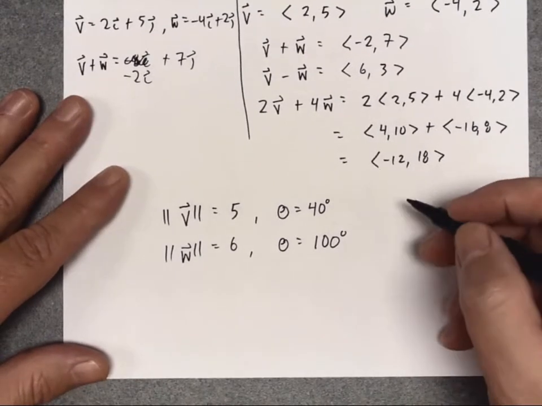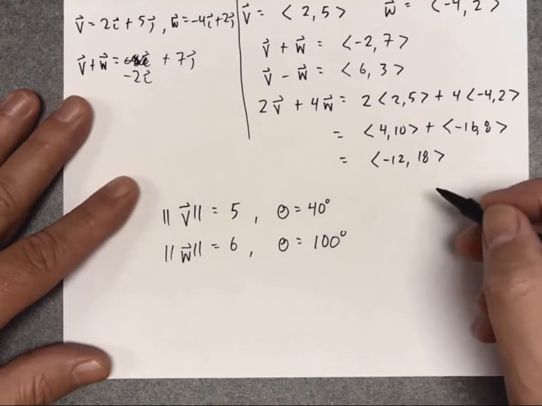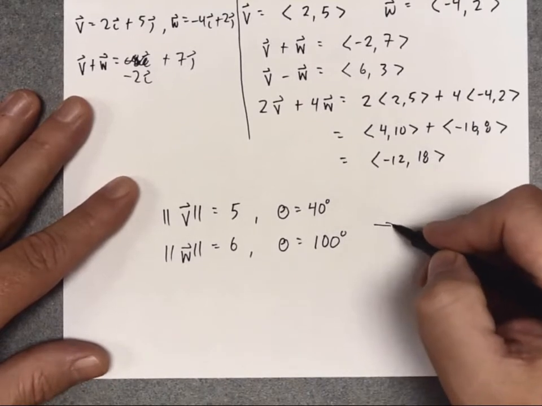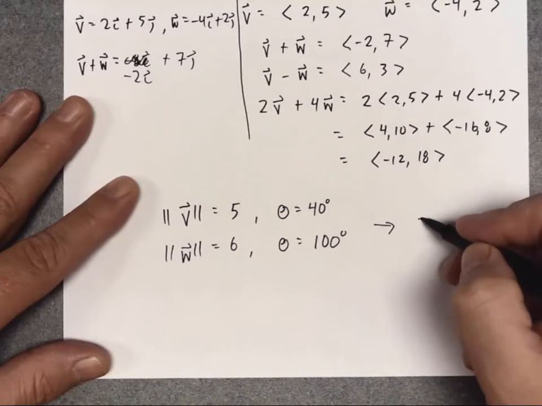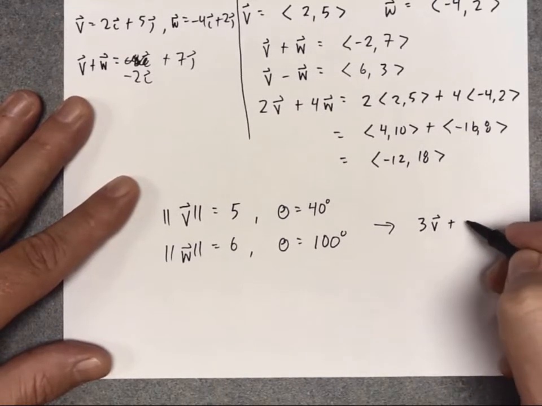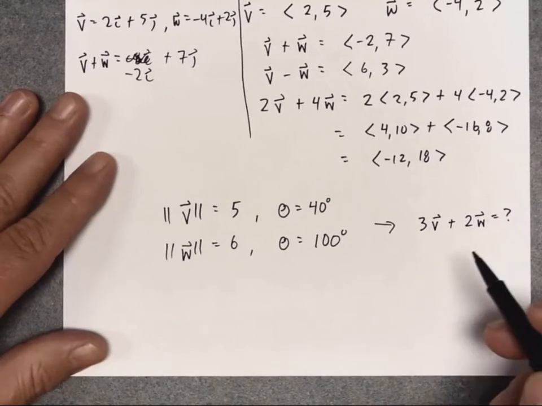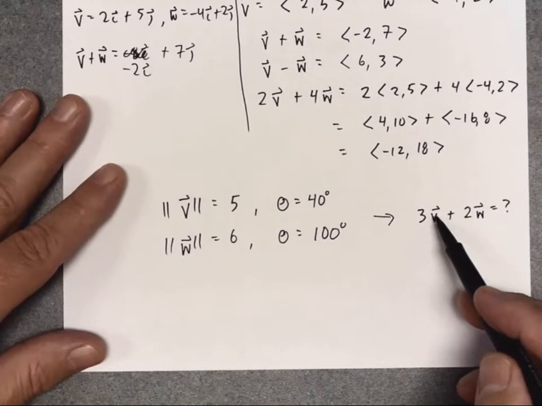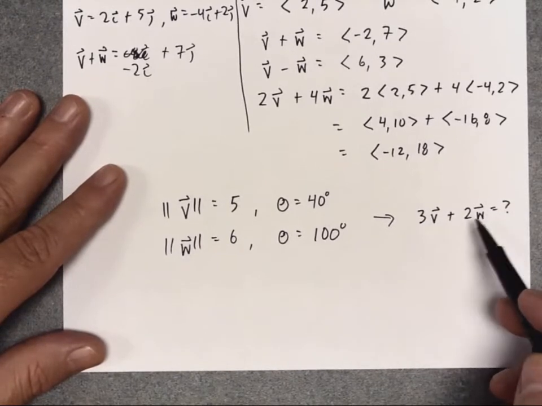Just for fun, I want to take vector v, multiply it by the scalar 3, and add it to 2 times the vector w.